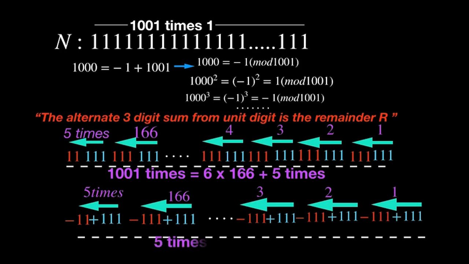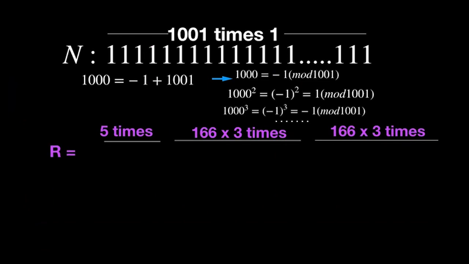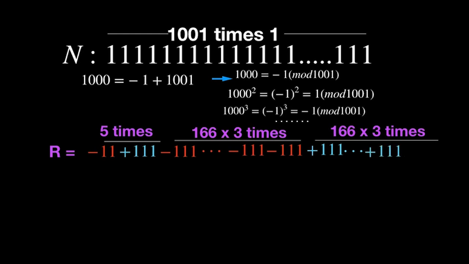So when we compute the remainder, it will be only the red colored 11 and the blue colored 111, and the 166 times 111 positive and 166 times 111 negative will vanish with each other, because there is an equal number of positive 111 and negative 111, so it gives 0.